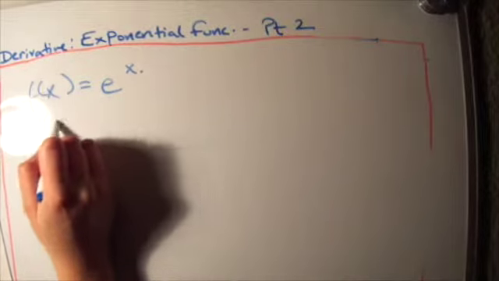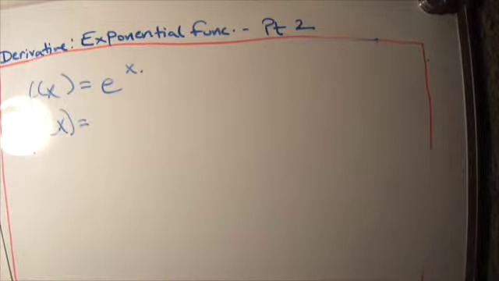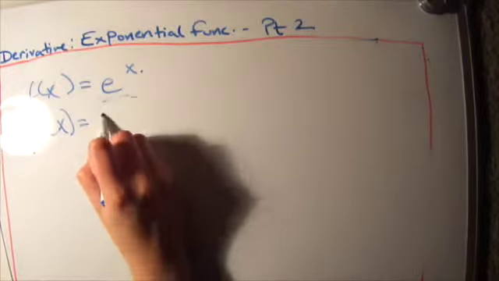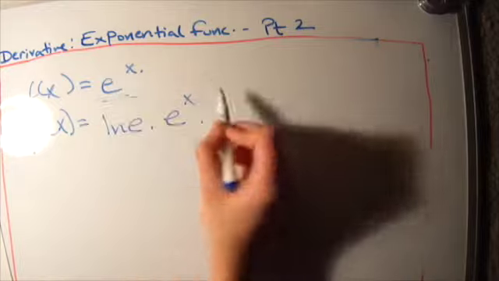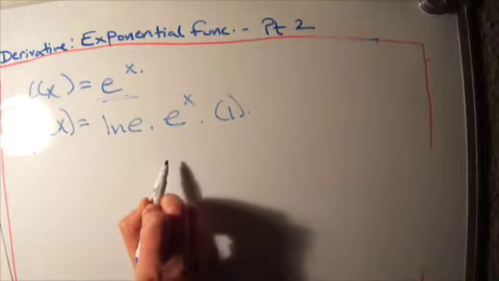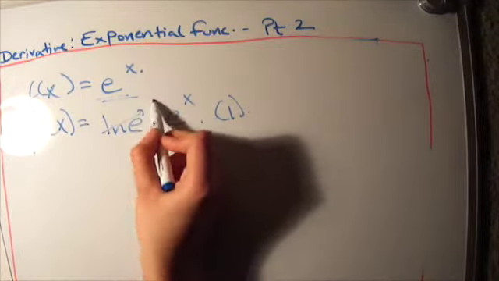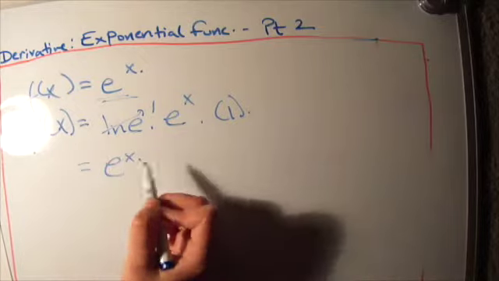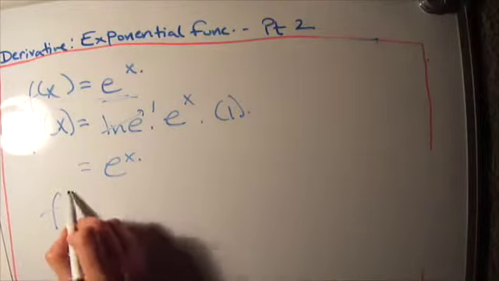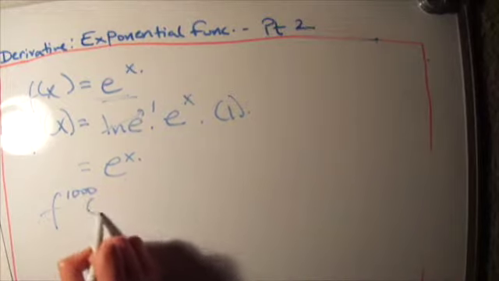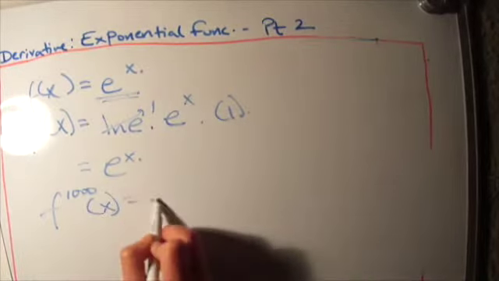So the first derivative is equal to, again, ln of the base times the function times the derivative of whatever we have. This is 1, so you have e to the x. The first derivative, the second derivative, or even the 1000th derivative of this function is going to be e to the x always. You should remember that.